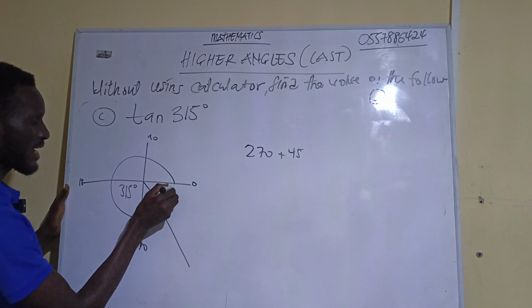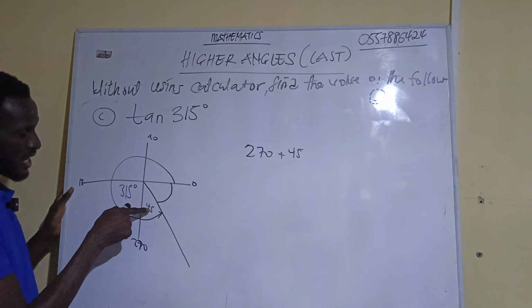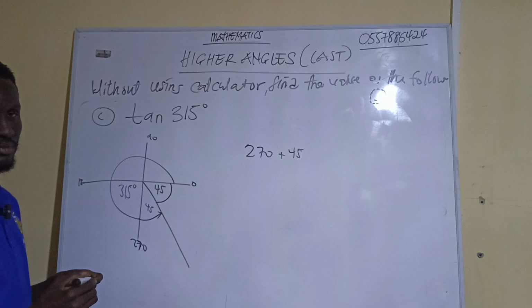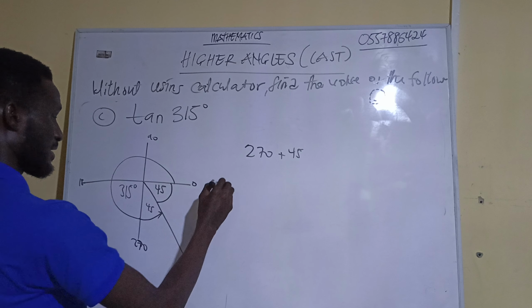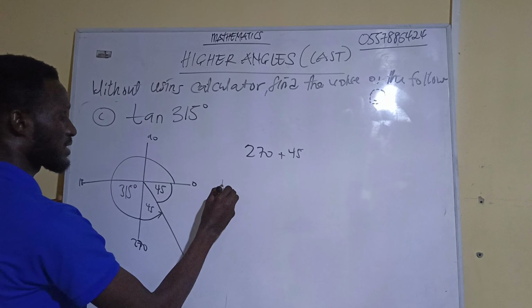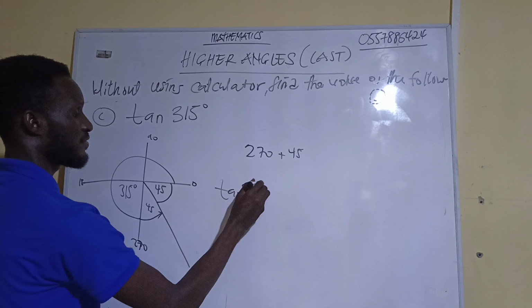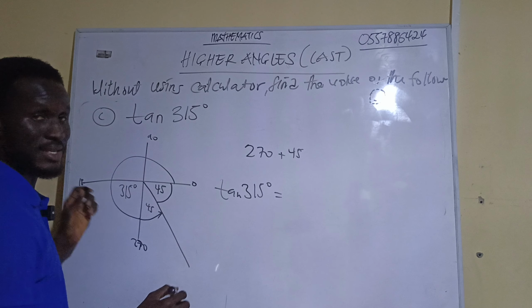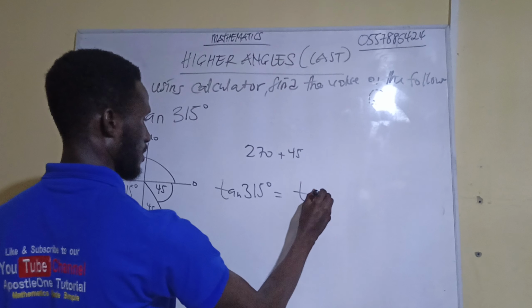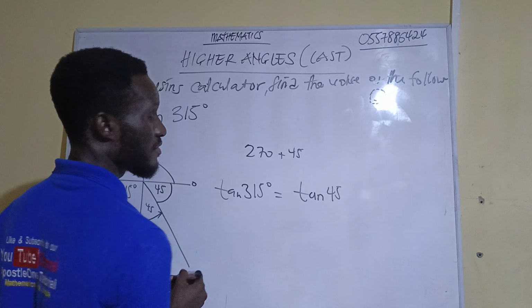This one is the angle along the x-axis. If here is 45, it means this angle is also 45. So tan 315 degrees is the same as tan 45.